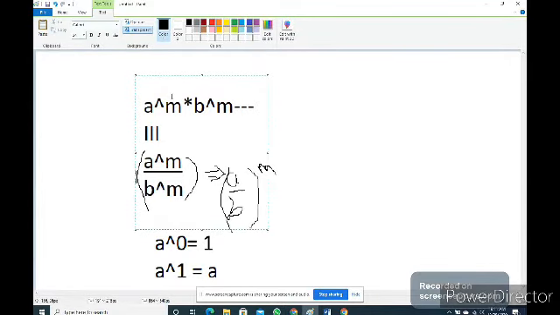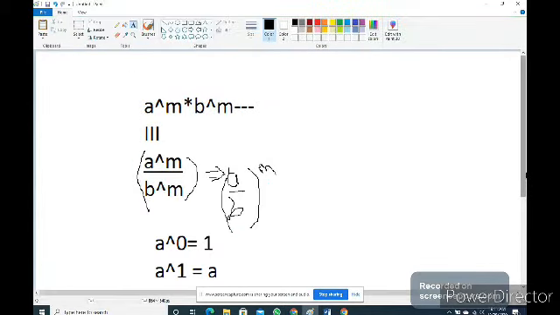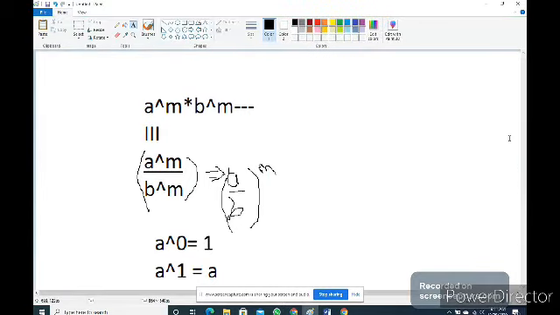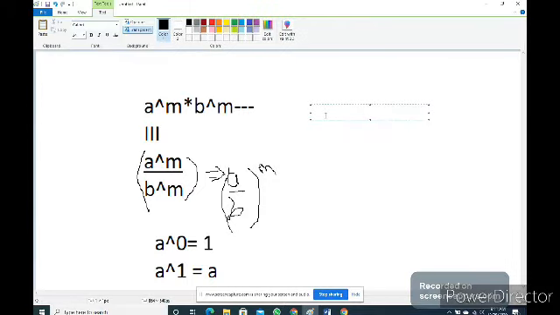Okay, so when we are given like this, what we need to do is add root everywhere. So now we are given a to the power of m into a to the power of n, which gives a to the power of m plus n.